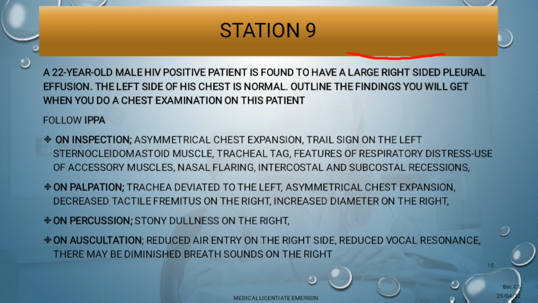So that's how you write them down. You say on inspection, palpation, percussion, auscultation. Okay, especially the stony dullness on percussion, that's very distinctive. The palpation, the trachea deviating to the left, then they know that at least someone knows what they're doing, they have studied. Okay, I think that's where we can end.